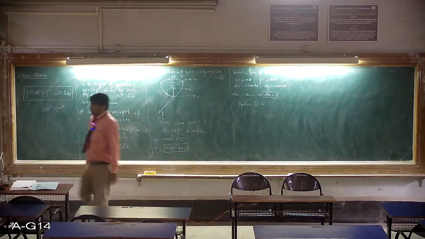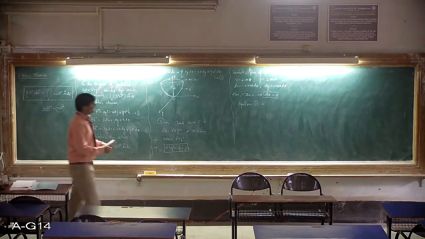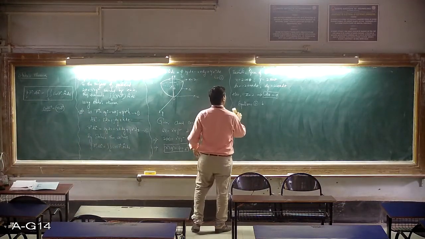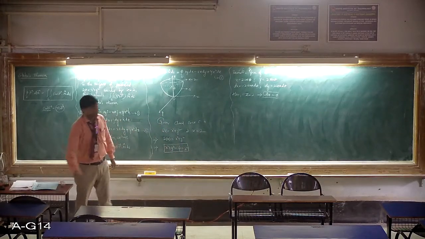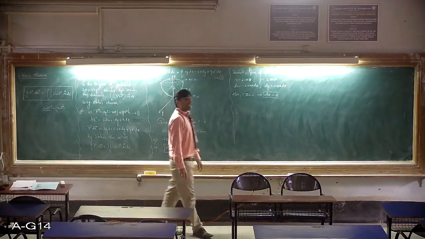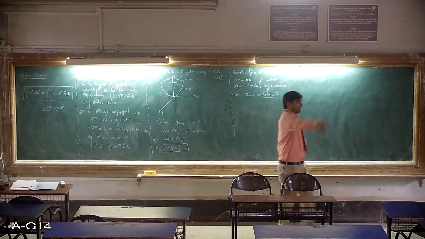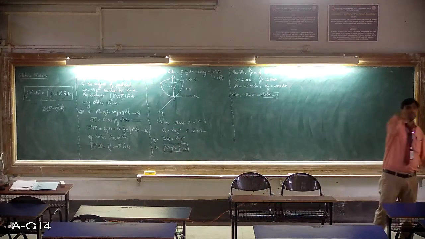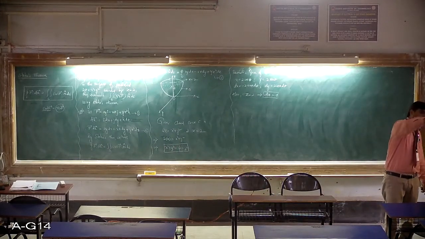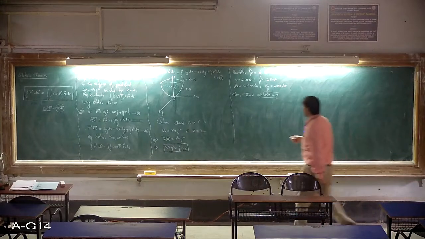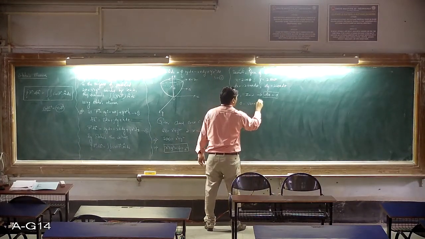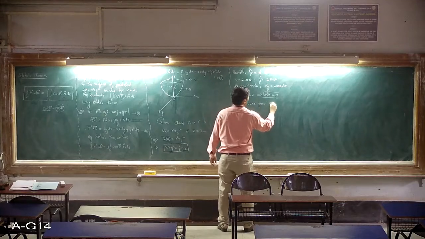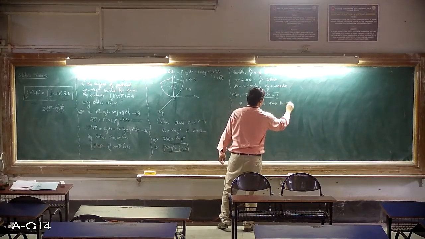Not only this, here we need to write from where to where your x is varying, or else you can write about theta. If it is a circle, then theta varies from where to where? Theta goes from theta is equal to 0 to theta is equal to 360 degree. Therefore we'll write theta varies from theta is equal to 0 to theta is equal to 2 pi, that is 360 degree, right?